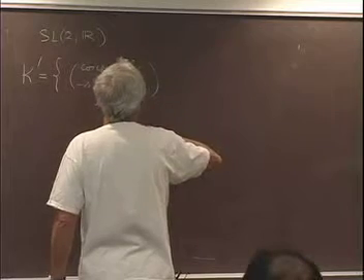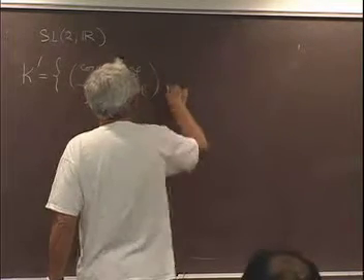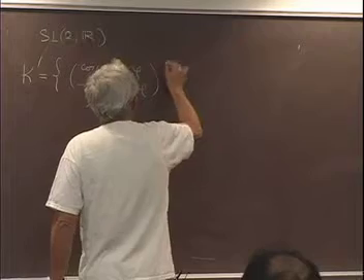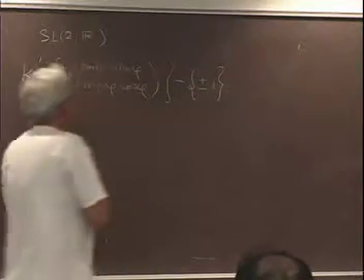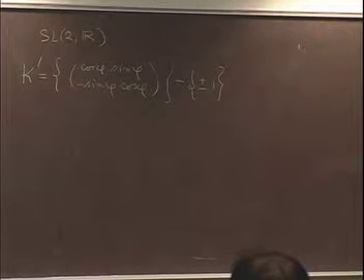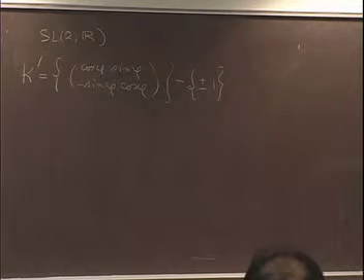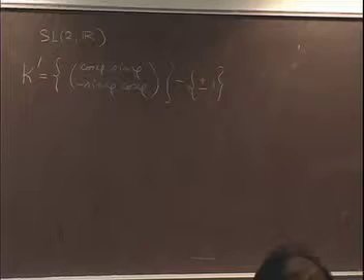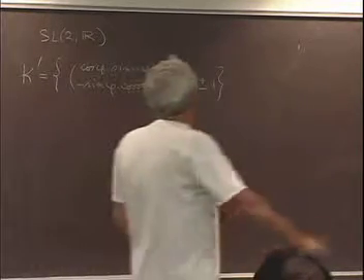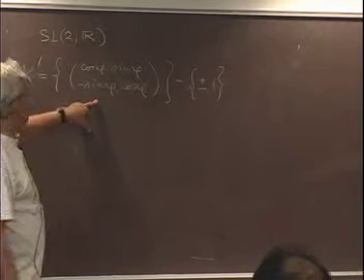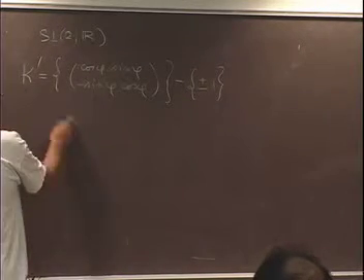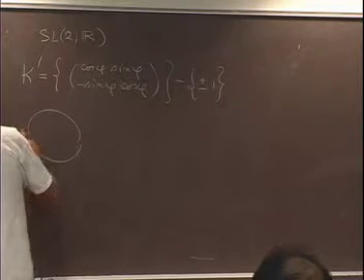So this is our circle, and we throw out 2 points.